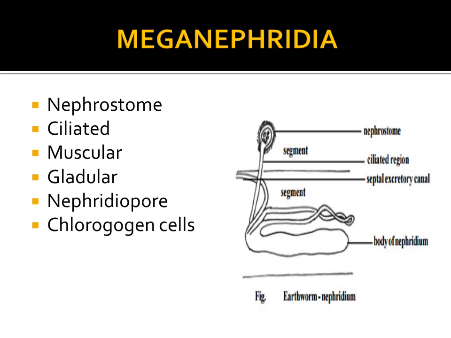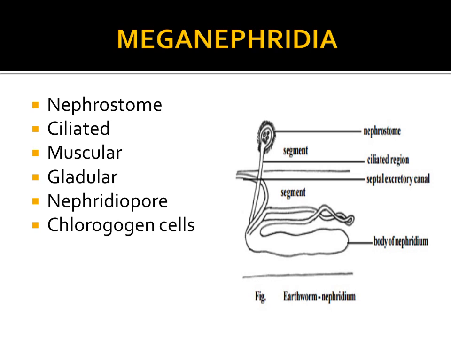Clear? Then the last point I mentioned there is chlorogogen cells. Chlorogogen cells are specialized cells which are present in the intestinal region of the earthworm. Other than the nephridia, which is the major region for the excretory function, it consists of specialized cells known as chlorogogen cells. They are present in the wall of the intestine.